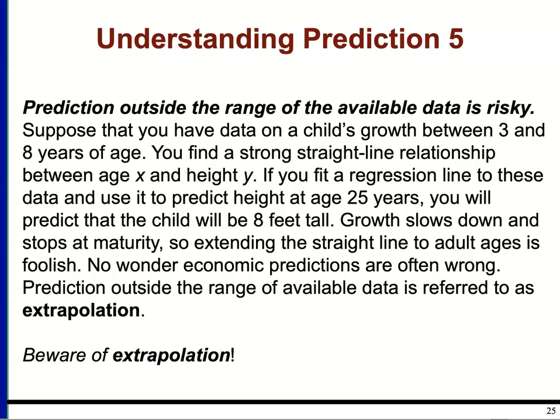Because what happens is at about maybe between 14 and 17 for most people, they stop growing. So it's not reasonable for us to think that the pattern that's happening as a child is going to continue into an adult. So this is an idea of extrapolation. So extrapolation is where you assume that the pattern that's happening in the data you have is going to continue on later.